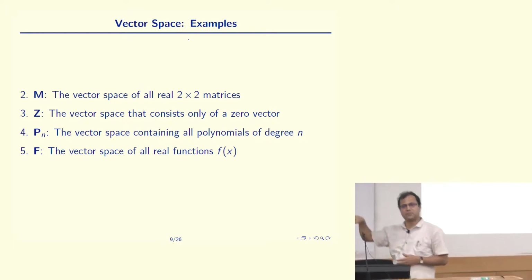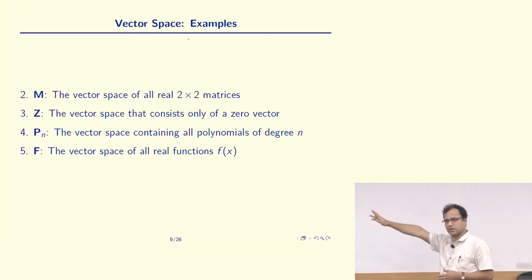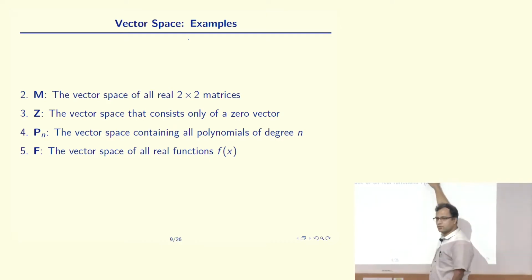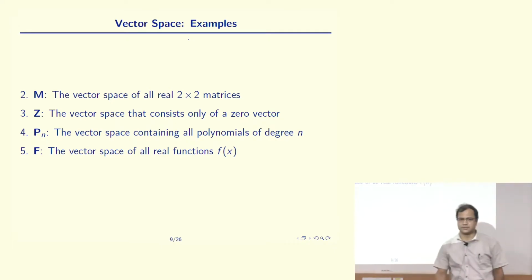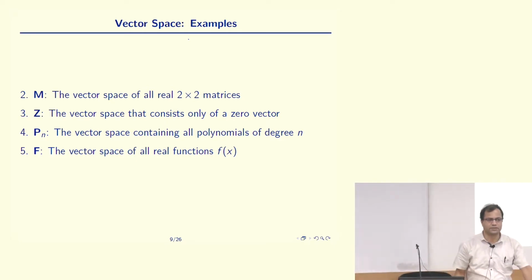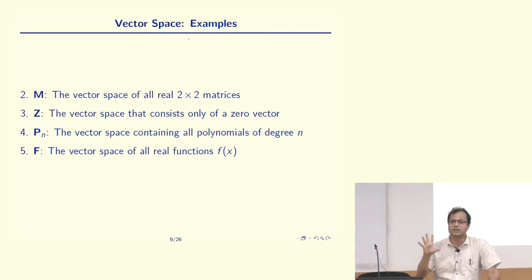The addition and the scalar multiplication operations are defined on that particular space: addition of two functions here, addition of two matrices there, addition of two polynomials there. And this is the trivial vector space, because this notation Z represents the zero vector space, which will contain only the zero vector of that particular vector space. So this is also called the trivial vector space. But mostly we'll be using the vector space we have just seen, Rn, the Euclidean vector space.